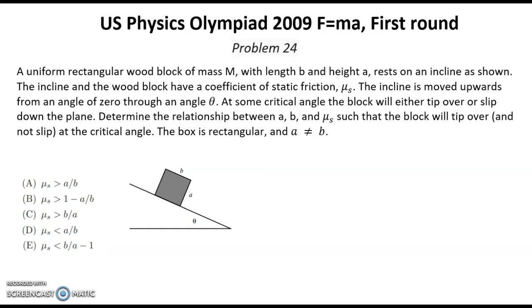At some critical angle, the block will either tip over or slip down the plane. Determine the relationship between a, b and mu s such that the block will tip over and not slip at the critical angle. The box is rectangular and a is not equal to b.